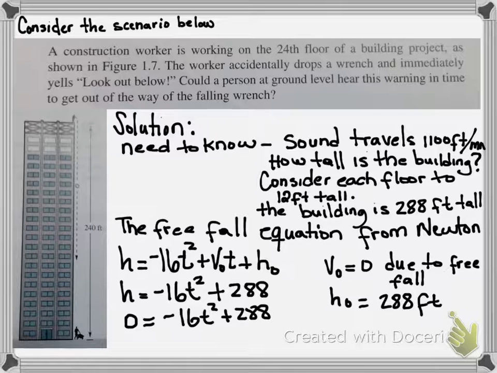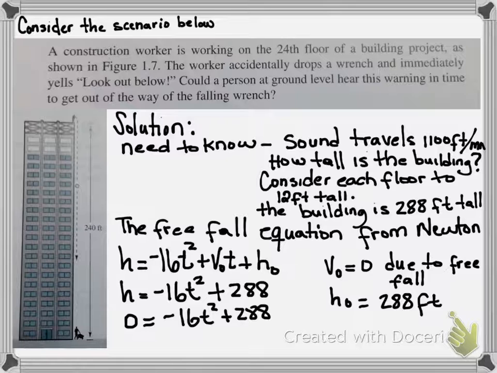Notice in the previous one, I told you to solve a quadratic. The first step is to make the equation equal 0. It has to equal 0, ladies and gentlemen. And now, in this case, we must isolate t. We must get t by itself. There are many ways to do that.